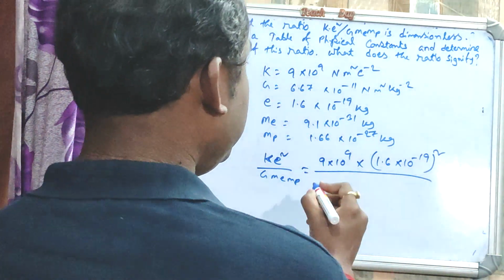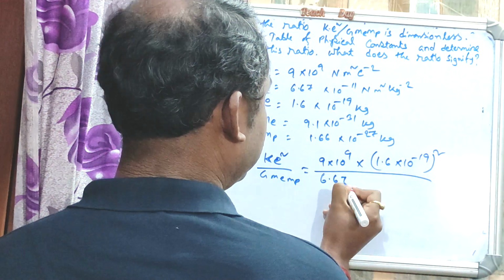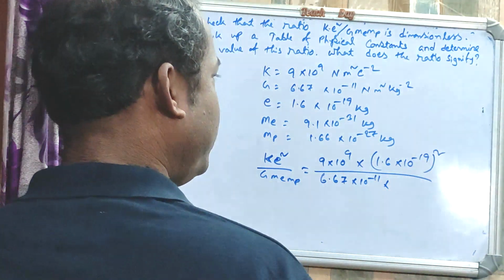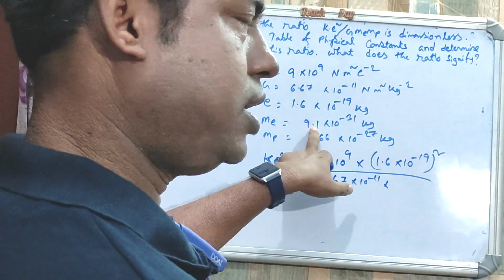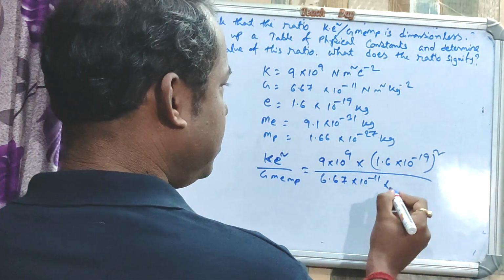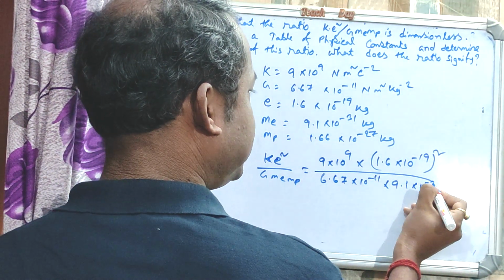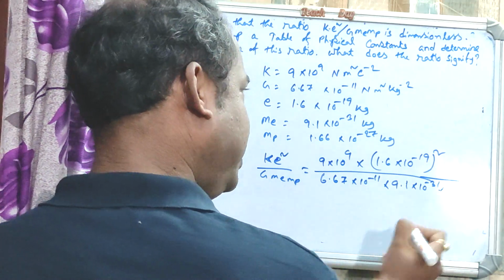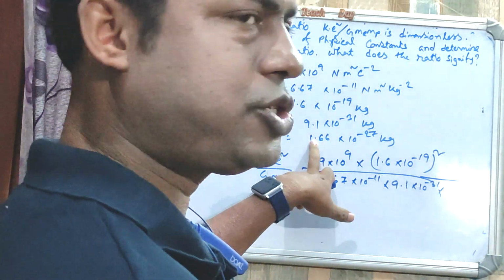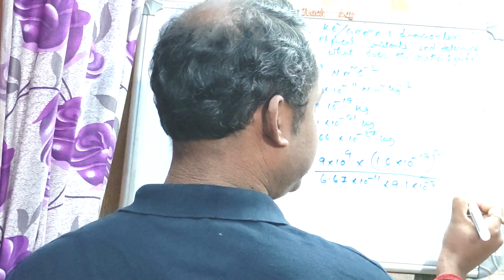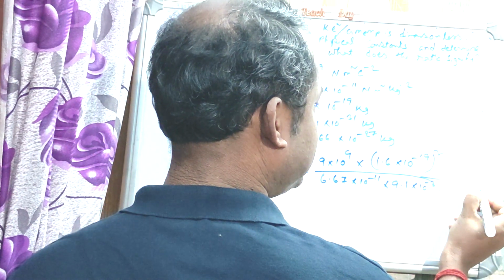G equals 6.67 into 10 to the power minus 11, into me. What is me? The mass of the electron, 9.1 into 10 to the power minus 31. Into mp, which equals 1.66 into 10 to the power minus 27.